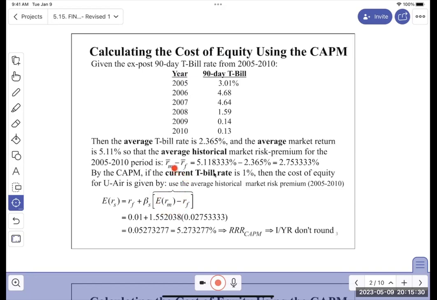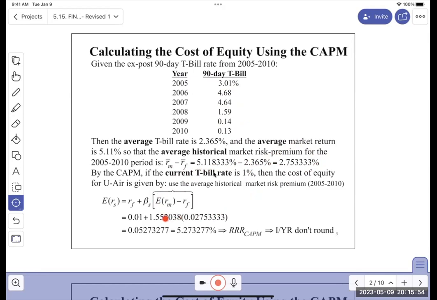So what I do is I calculate the averages, which I did with my calculator. And for the market risk premium, it was 5.11. And for the risk-free rate, the average is 2.365. So this is the historical market risk premium that I use here.